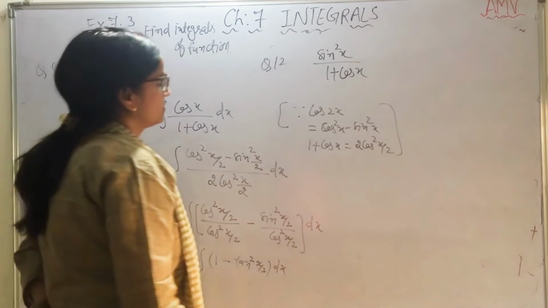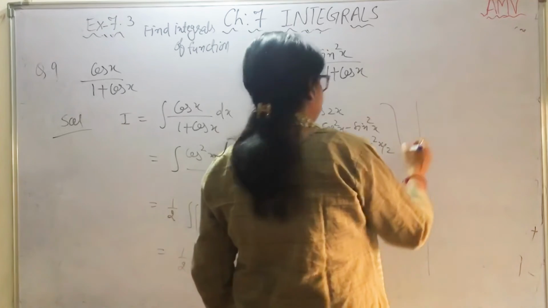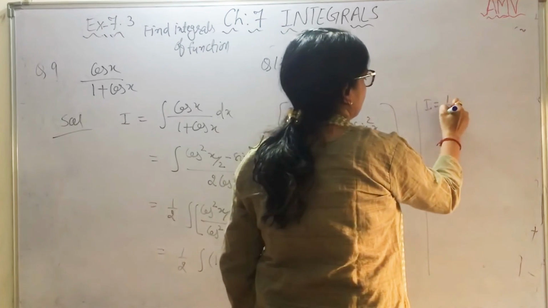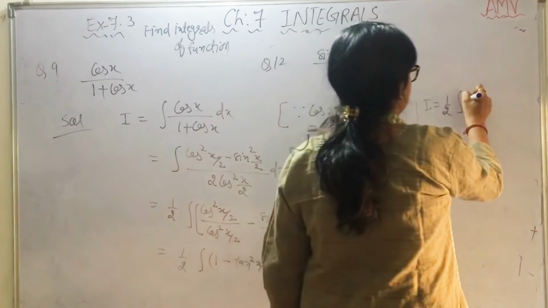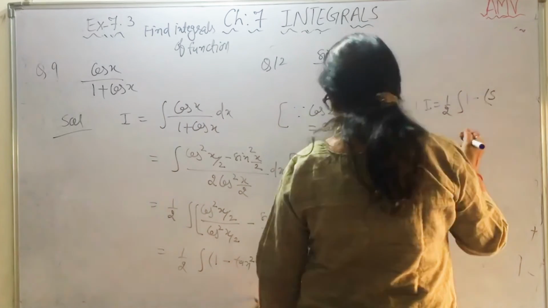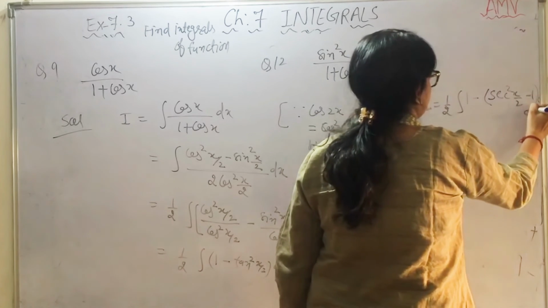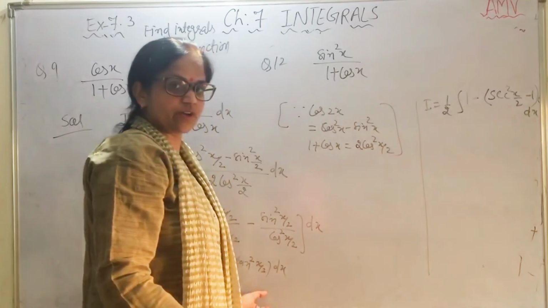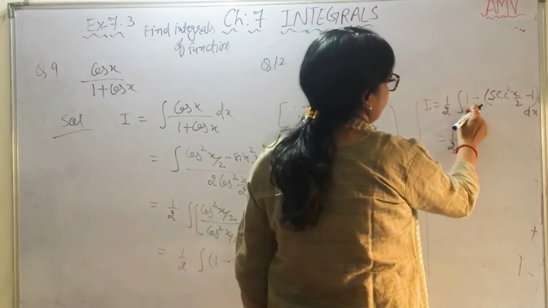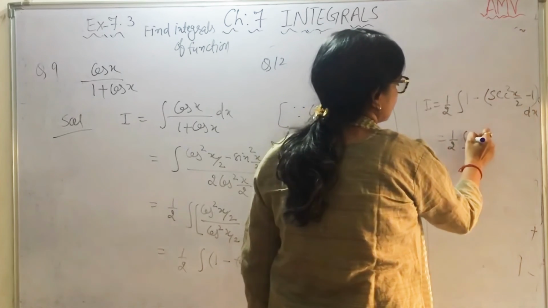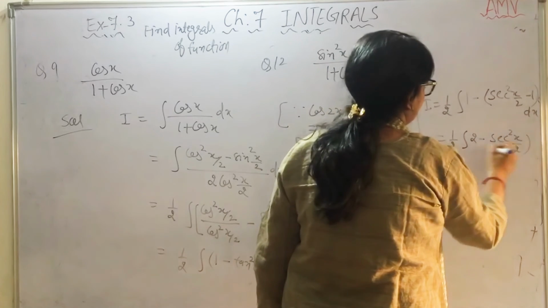Now I is equal to 1 by 2, and you have to change tan square x by 2 to sec square x by 2 minus 1. So here it is 1 by 2, 1 minus minus plus 1, so 2 minus sec square x by 2 dx.